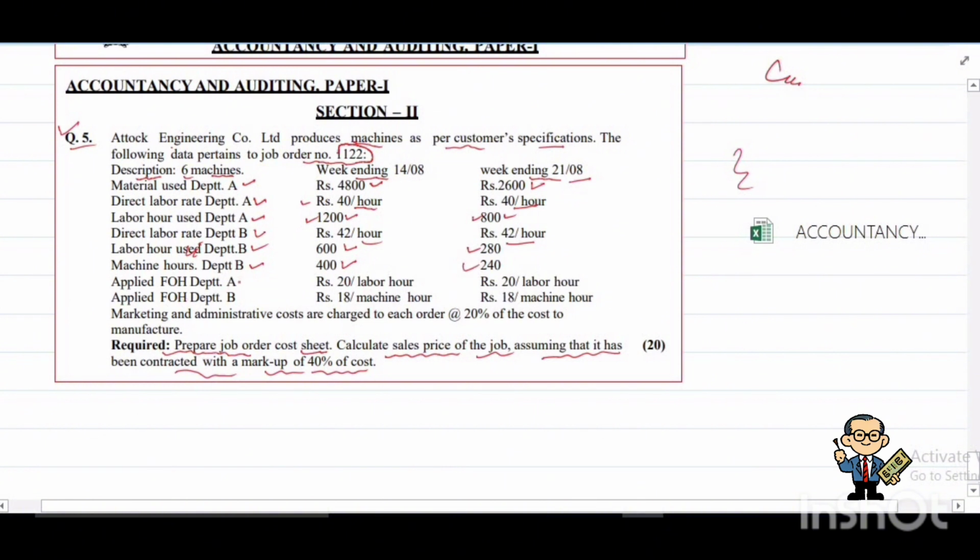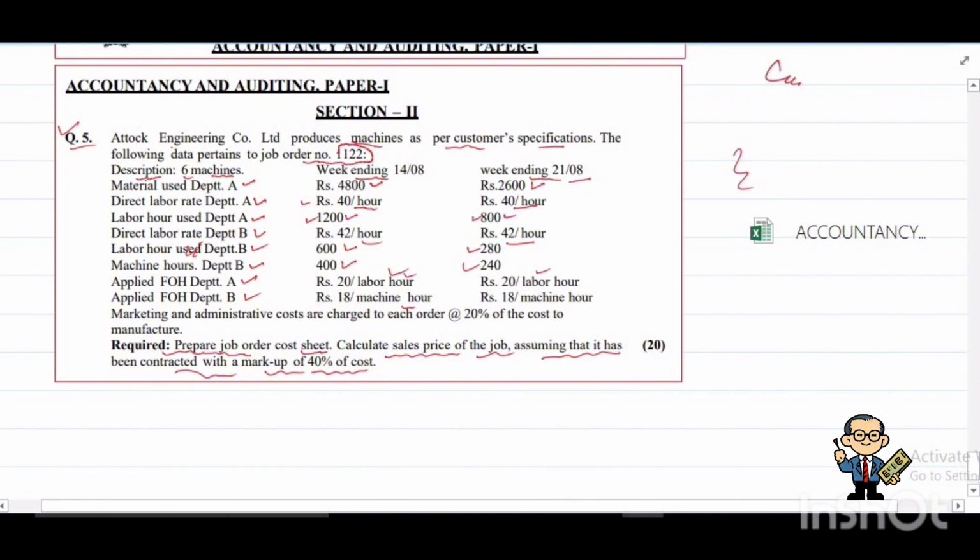Applied fixed overhead for department A is 20 per labor hour, and again 20 per labor hour. Applied fixed overhead for department B is 18 per machine hour, and 18 per machine hour. So for department A we will use the labor hour, and for department B we will use the machine hour, and the rates are given here.